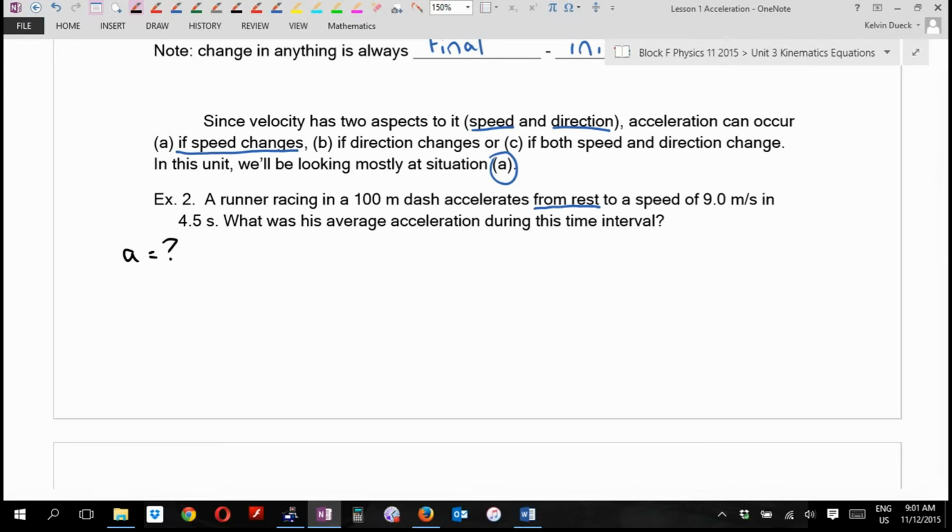And now let's go look at stuff. Physics, words, and numbers. I see a 100. What's that? From rest. This is very important. What does this mean?